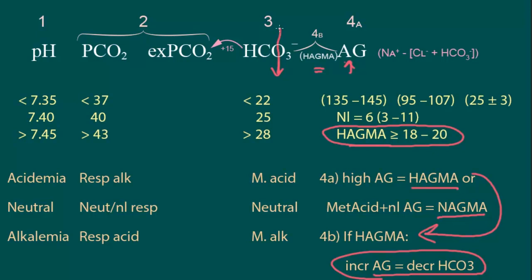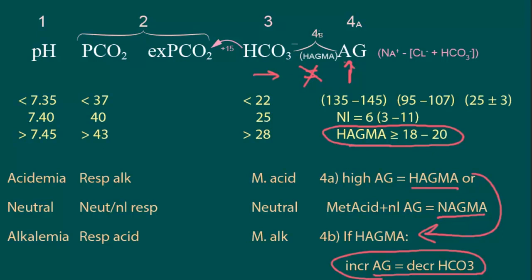So you'll have an additional NAGMA, normal anion gap metabolic acidosis, on top of that. Conversely, what if you have a high anion gap and your bicarb is, say, 22? It's in the normal range. What does that mean? So your bicarb is not as low as you would be expecting. So there must be a metabolic alkalosis going on. And that's all there is to it.